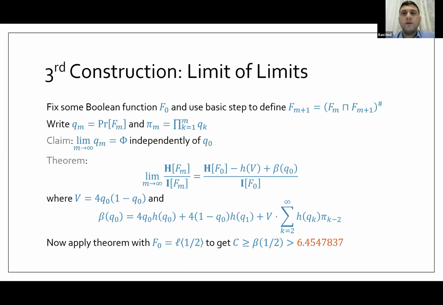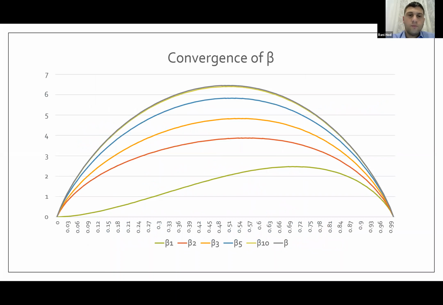Why should we take q0 equals 1/2? Does it make any sense to modify this? How does beta even look like? So here's beta. We have beta as the infinite sum, but if we only take 1 or 2 or 10 of the terms in the series and sum only these, then here you can see in the graph how this approaches beta.